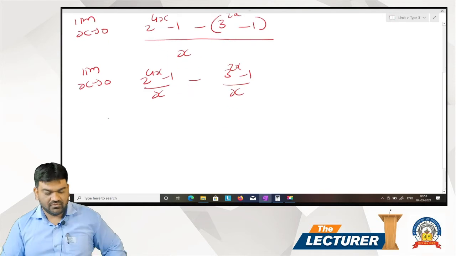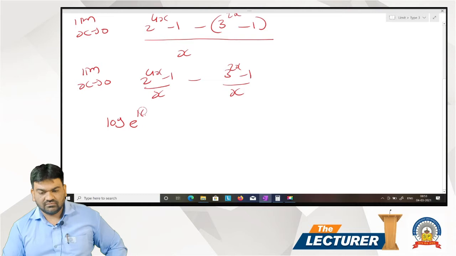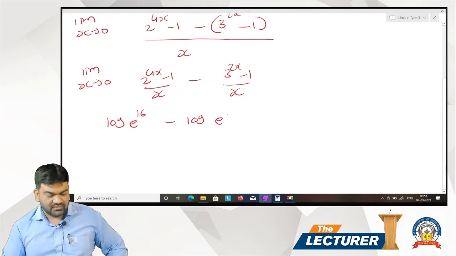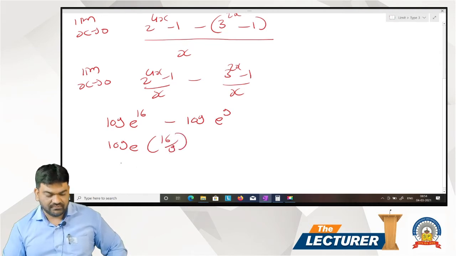So log e 16 minus log e 9. Take log common e. Here minus is given, so in log minus, division becomes, so 16 by 9. So this is your answer.